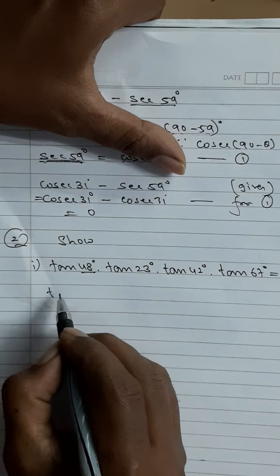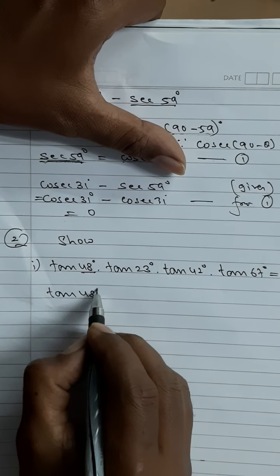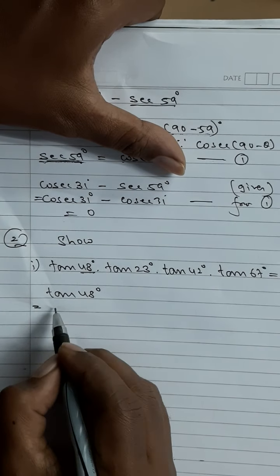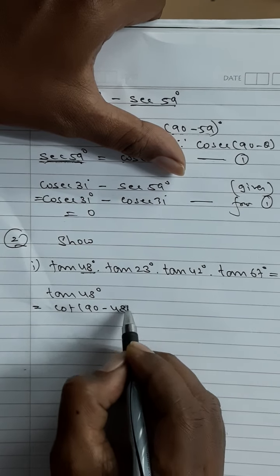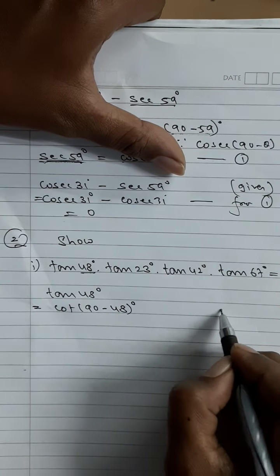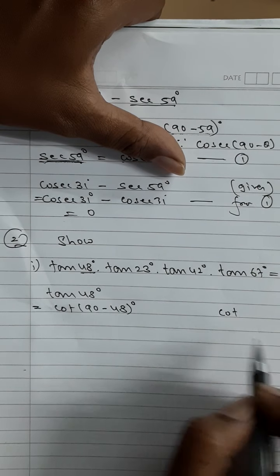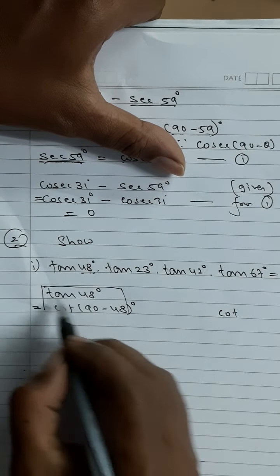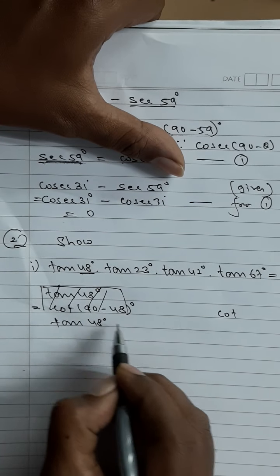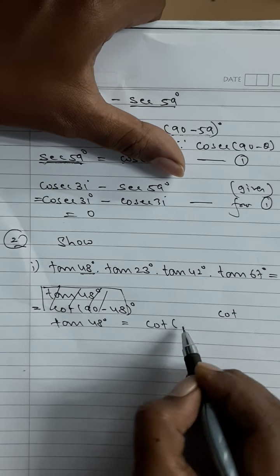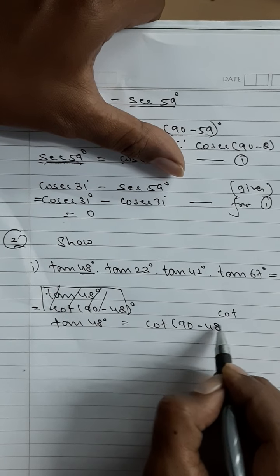So if I convert this tan 48 degree, tan will get converted to cot of what? 90 minus 48 degree. Tan 48 degree will be equal to cot of what? 90 minus 48.